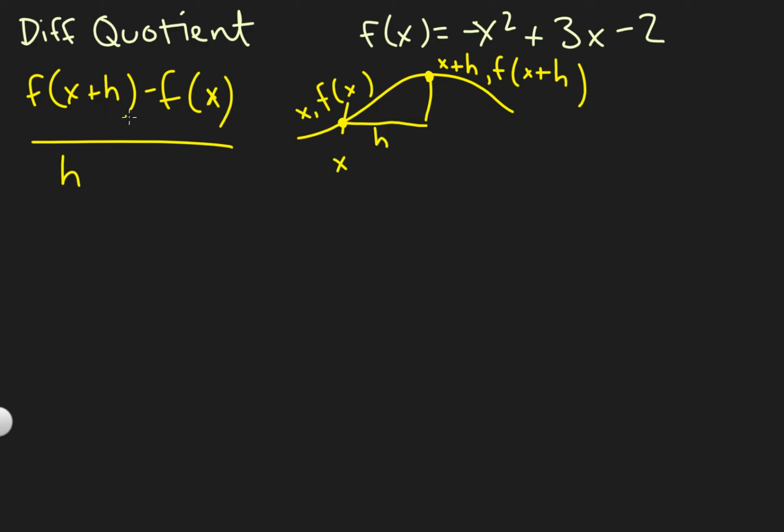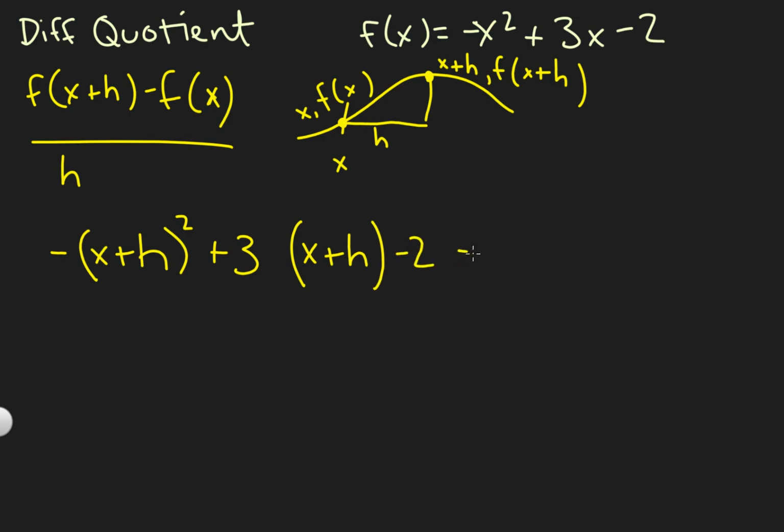So f of x plus h, I'm going to plug in x plus h and substitute it for what was the x, plus 3. Now my x becomes x plus h again, minus 2, minus my f of x, negative x squared plus 3x minus 2. Again, remember your parentheses, make sure that you're doing what you want it to do.